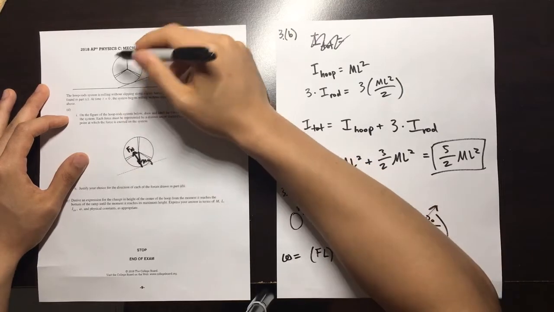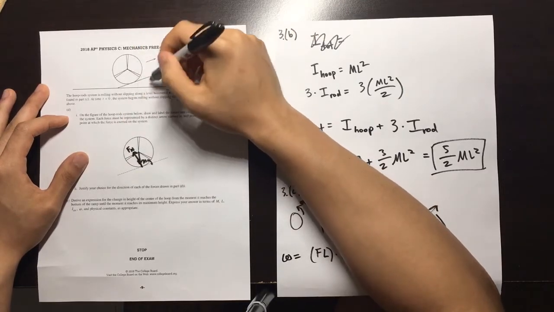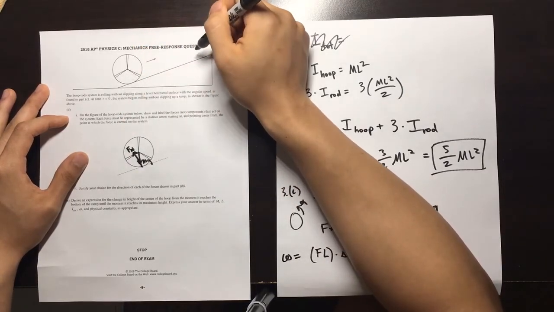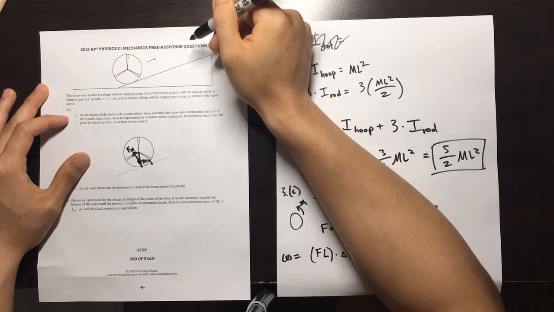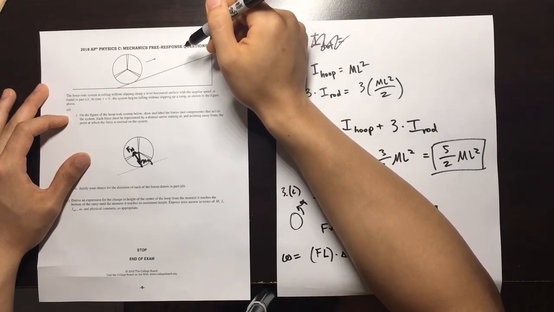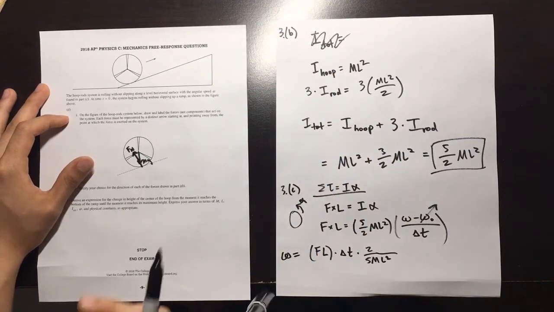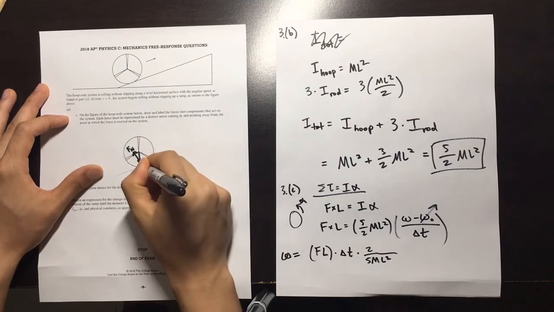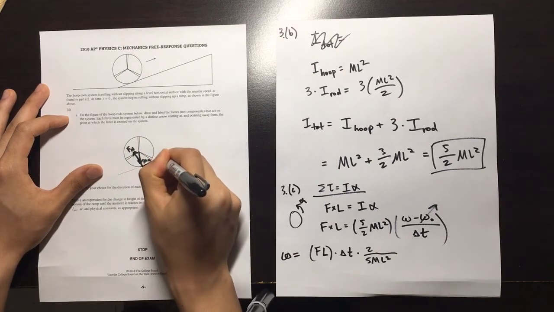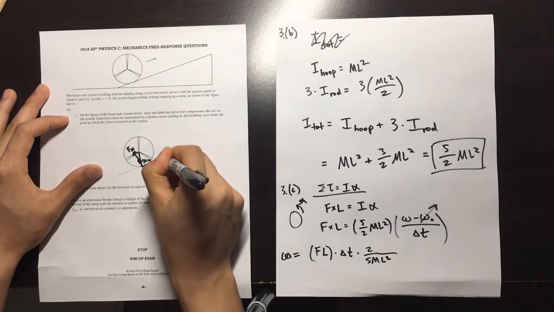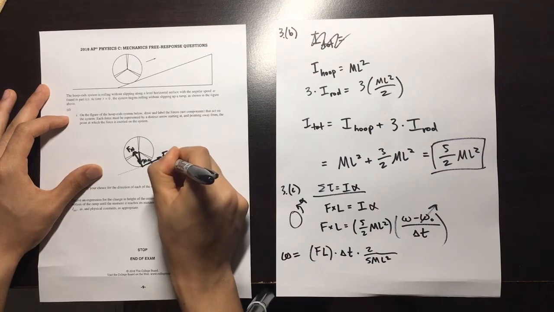Since the system is rolling like this, but it's slowing down, the net torque on it must be causing the system to rotate the other way. So I'd say the force of friction is actually up the ramp. Force of friction.